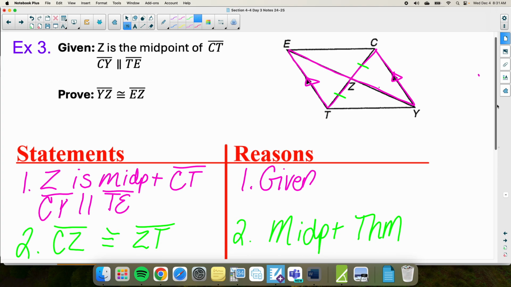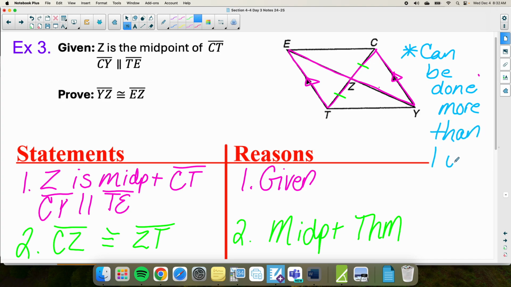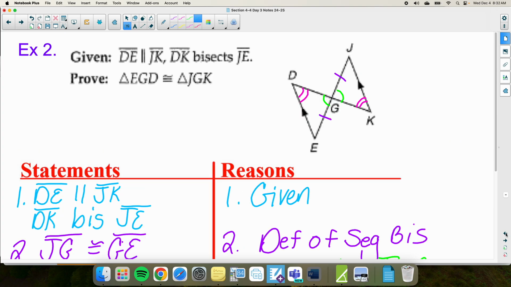Now, this is another one that can be done more than one way, depending on if you choose the 2 vertical angles or the 2 alternate interior angles, okay? So this one, I'm just going to go back and write this for my notes.